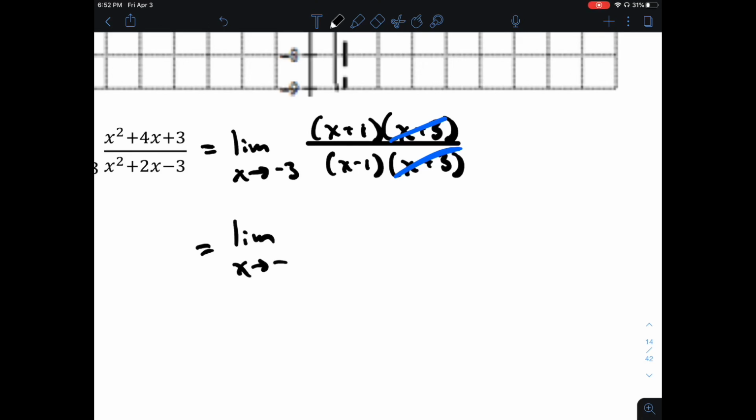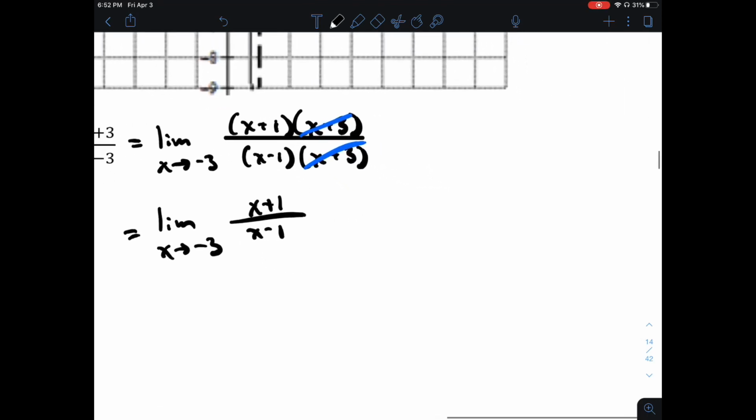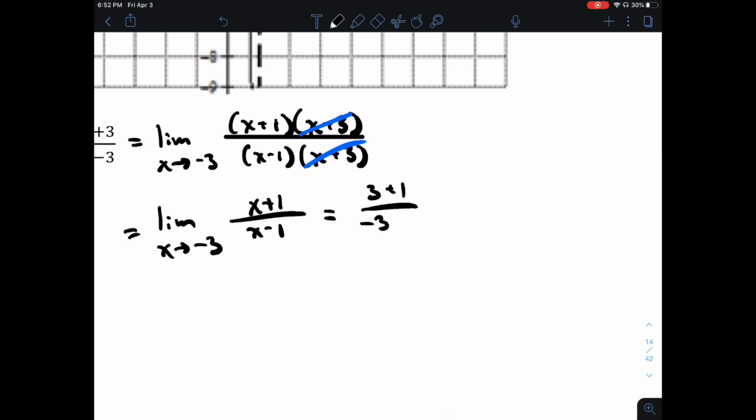we now have the limit as x approaches negative 3 of x plus 1 over x minus 1. Now if we use substitution, it's no big deal, because we're going to have negative 3 plus 1 over negative 3 minus 1. Oh, I'm sorry, this is a negative 3.